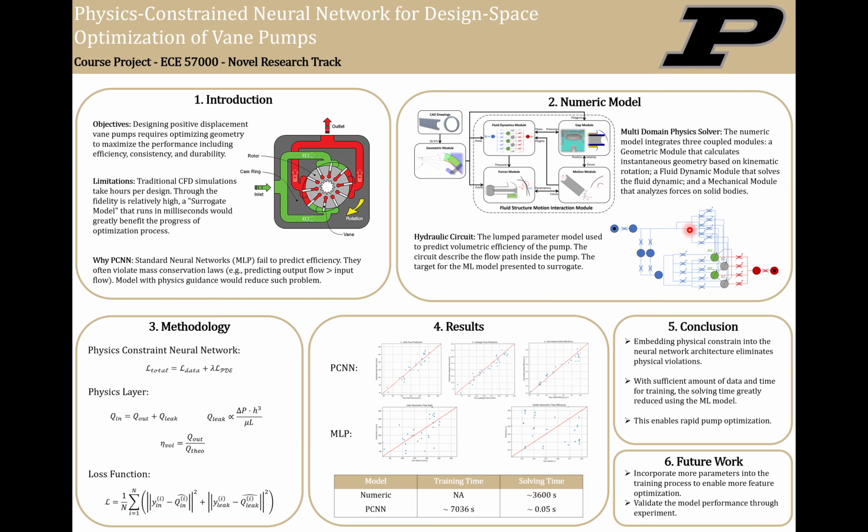Going to the methodology, I showed a little bit in the introduction, but why do I choose a physics-constrained neural network? With physics constraints, the total loss function equals the data loss plus the PDE loss, which is the physics used as the governing equation.